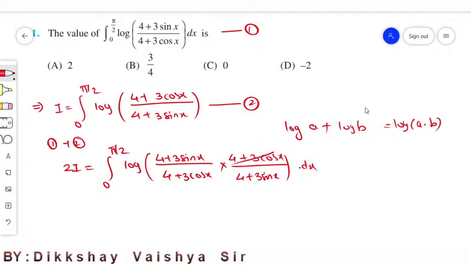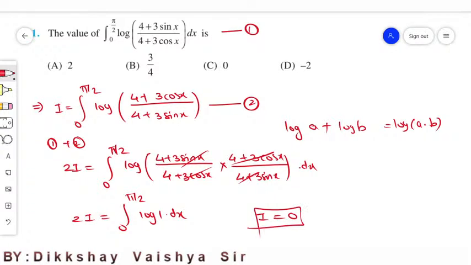Now this will get cancelled, so at the end we are left with log 1. So 2I is equal to integral 0 to pi by 2 log 1 dx. Now log 1 is equivalent to 0, so obviously the integral is 0, so I is equal to 0.